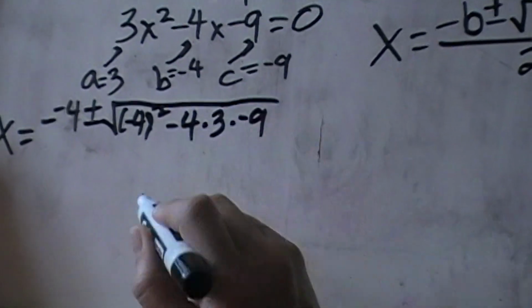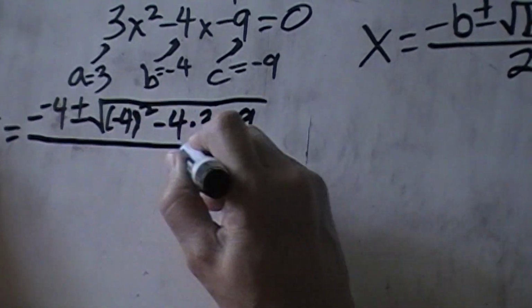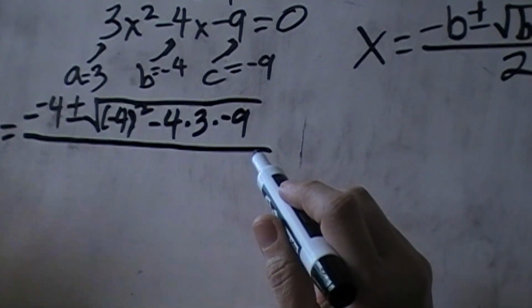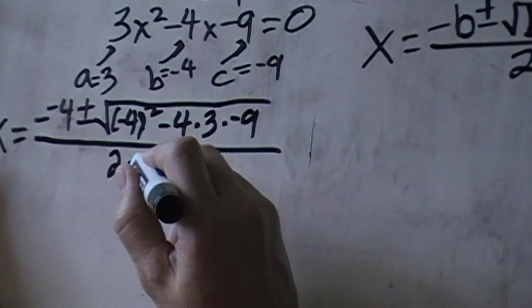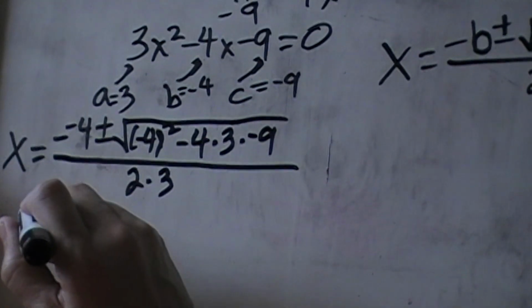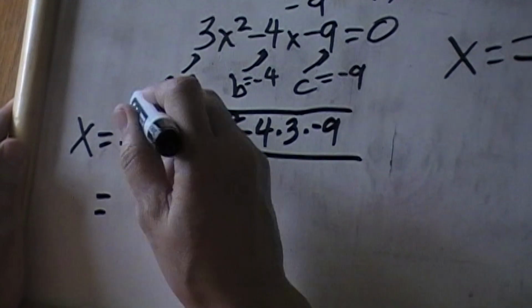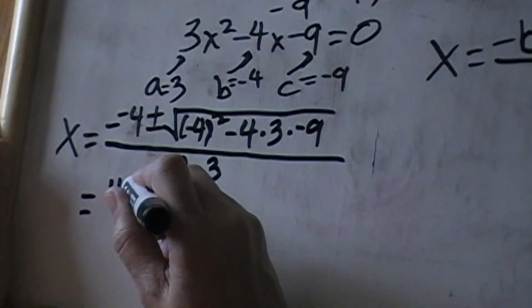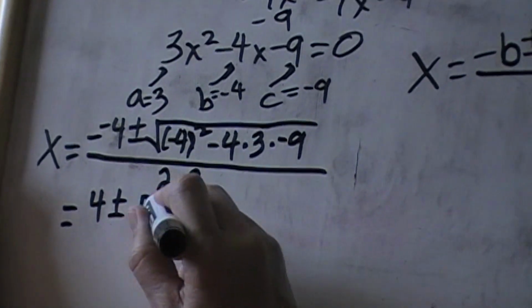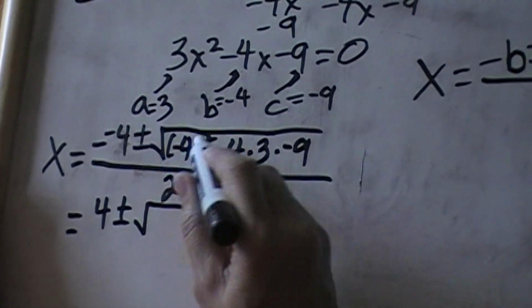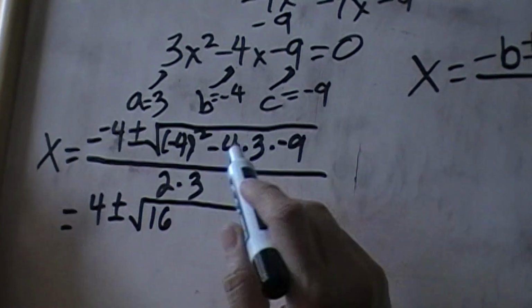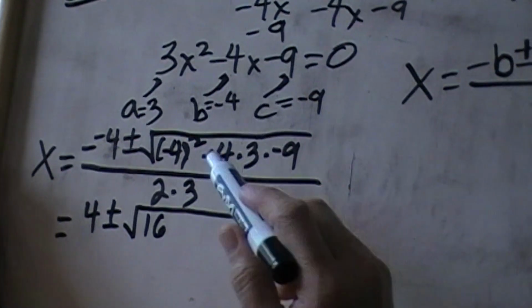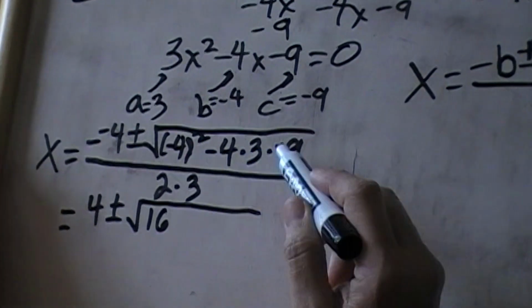Make sure you take your time on these quadratic formulas so that they don't mess with your mind. So 2 times a is 3, and then we start simplifying. Minus a negative 4 is just a positive 4. Plus or minus square root of. Negative 4 squared is the same thing as positive 4 squared, so you get 16. Go ahead and put in your calculator, negative 4 times 3 times a negative 9.